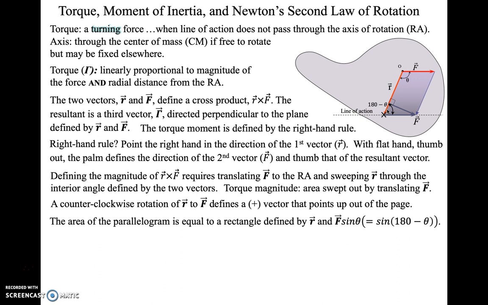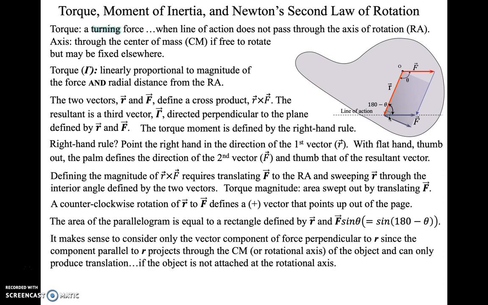So r F sine theta defines the magnitude of this area. You can imagine I could move the component of that force vector over and redraw the figure as a rectangle, and that rectangle, defined by the length of r and F sine theta, is equal to the area of the parallelogram. I'm sure you understand that.